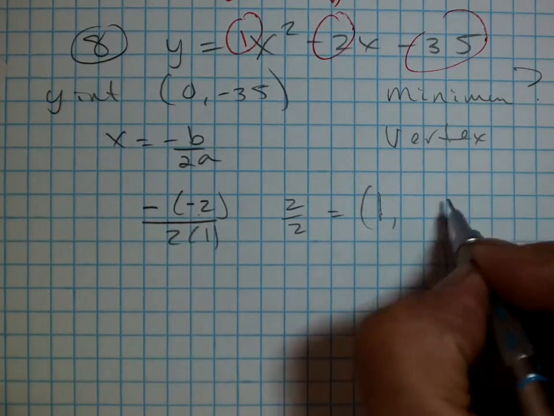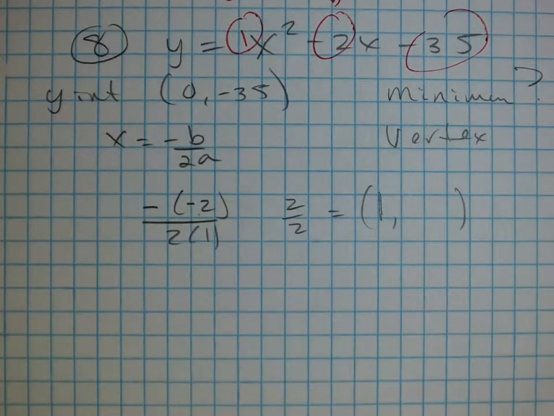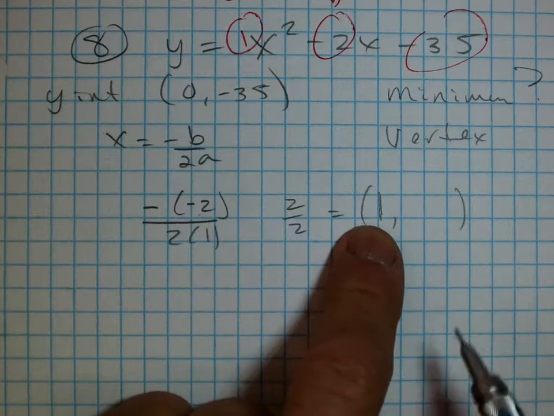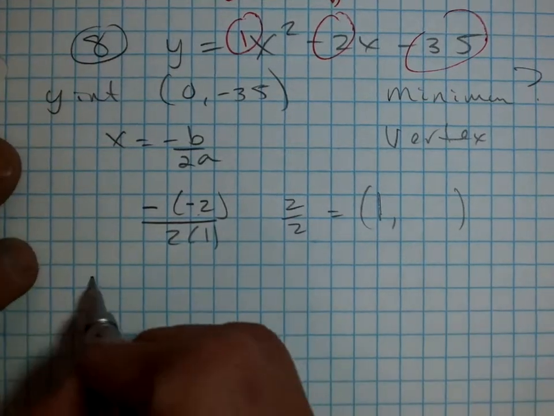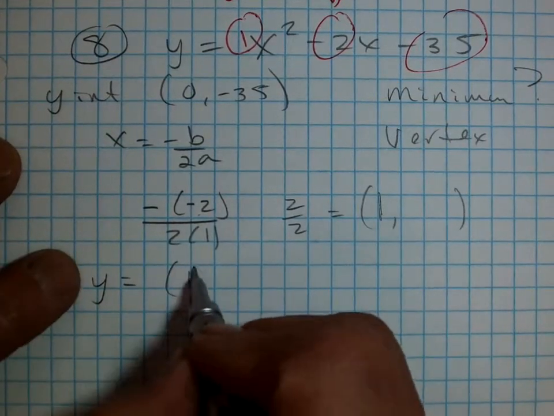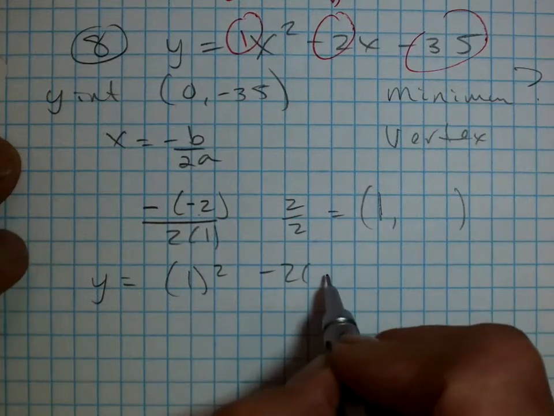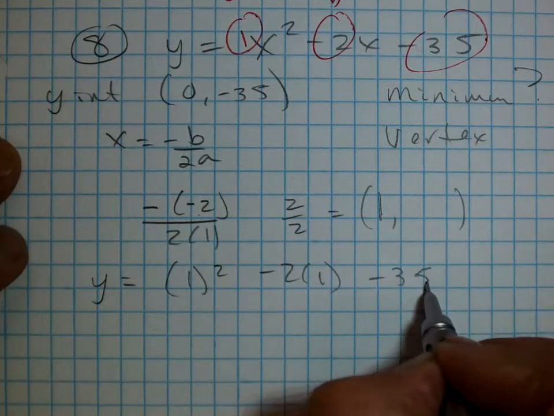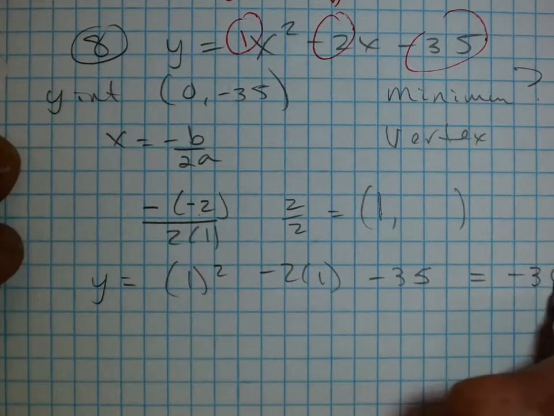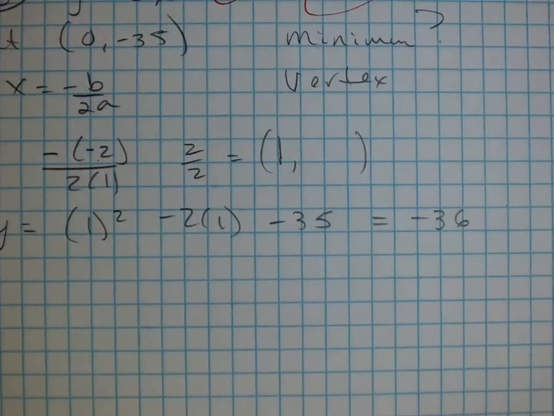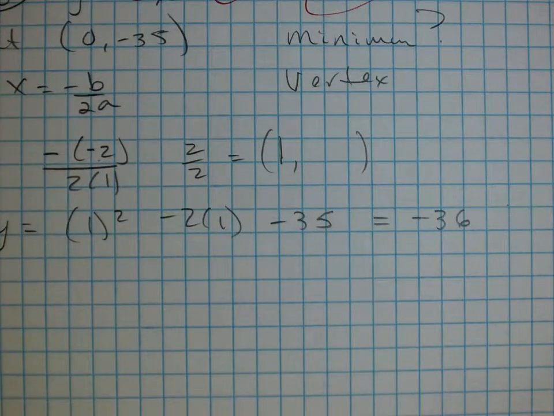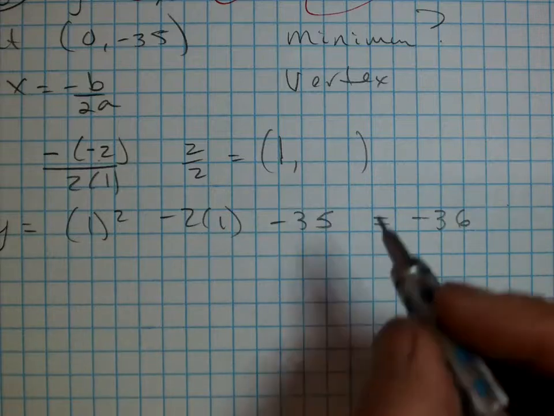But it's going to be a 1 something, right? Because every point has an x and a y value. So how do we get the something? Plug it in. y equals 1 squared minus 2 times 1 minus 35, which I think is negative 36. You can check it on your calculator, but I'm pretty sure it's negative 36. Negative 36.